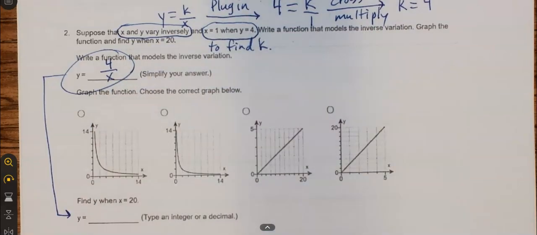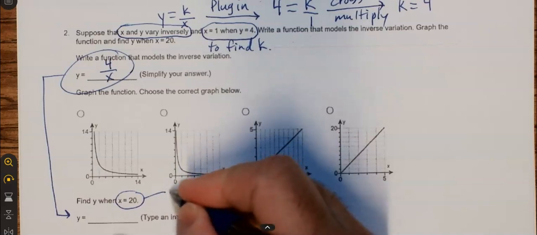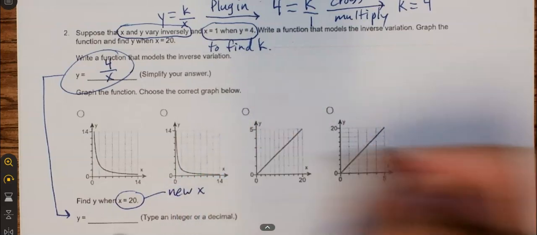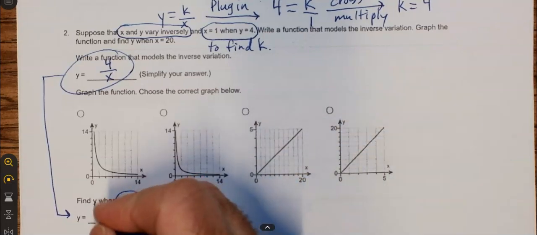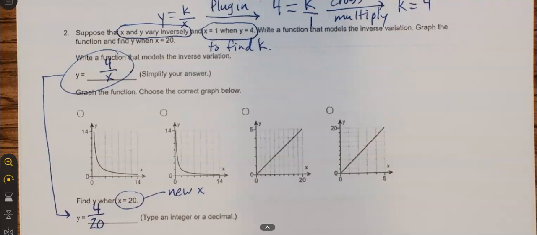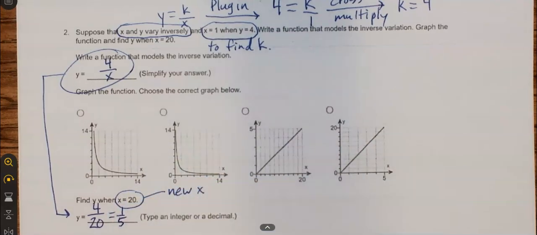Okay, so let's go do the last part, and then we'll go back to the graph. It says find y. You have a new x value. How many of you think I would take 4 over 20 as an answer? Do you think I would take 1 over 5 as an answer, since that's a reduced version of that?